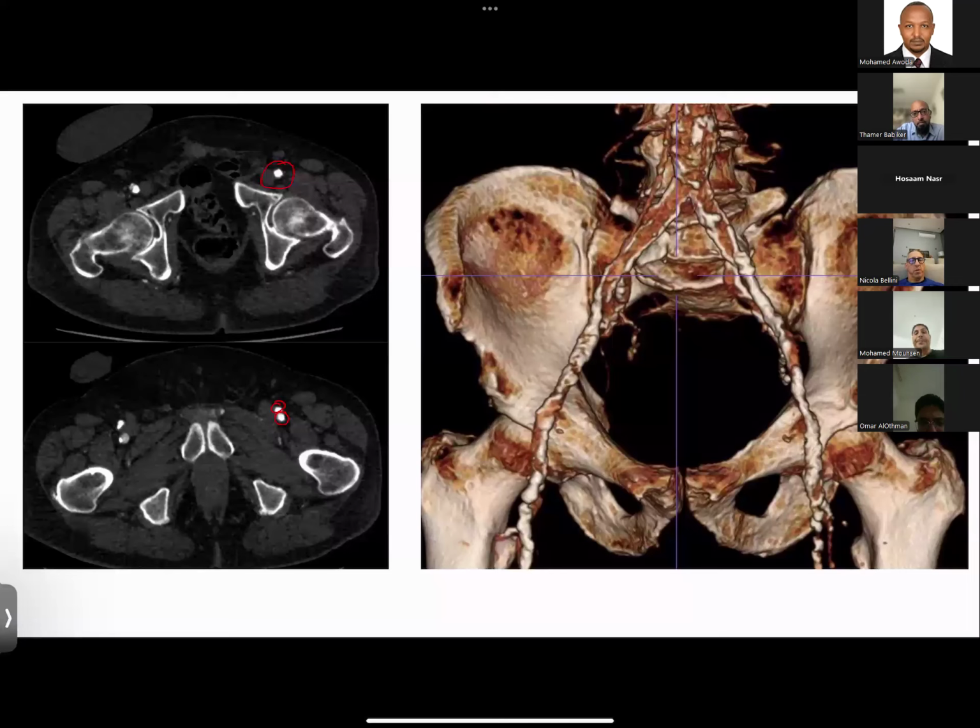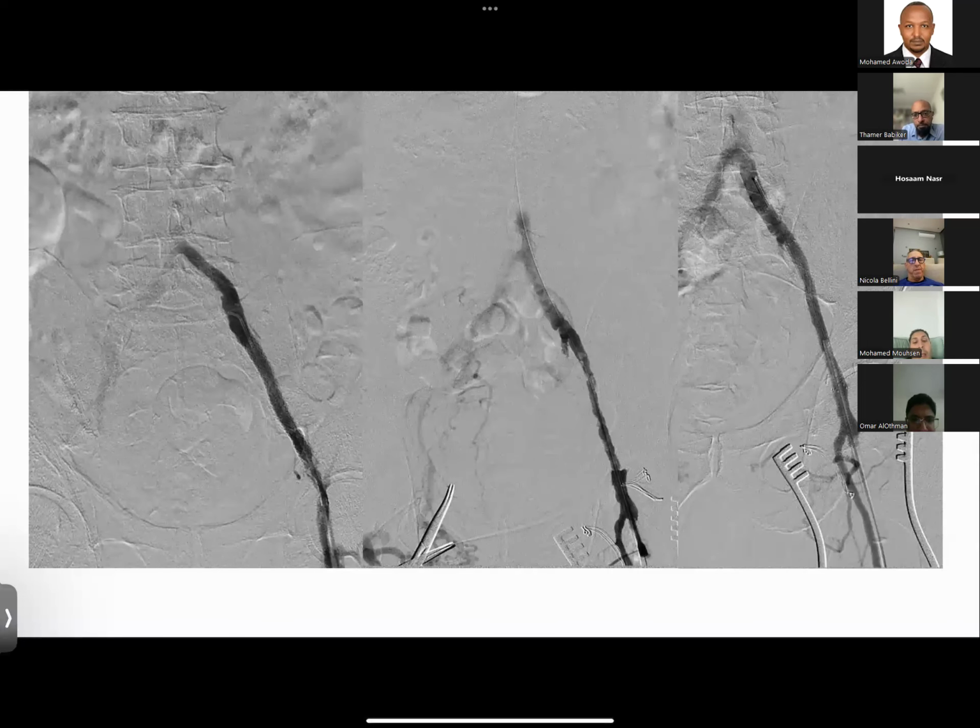So this case was done by one of my colleagues, and I'll show you what not to do. They did the femoral endarterectomy and went on to do the iliac stent. But I said, please, if you're going to do a femoral endarterectomy, make sure that your femoral endarterectomy is quite extensive, going into the profunda, which they have done, and you can see they've done a beautiful profundoplasty here.